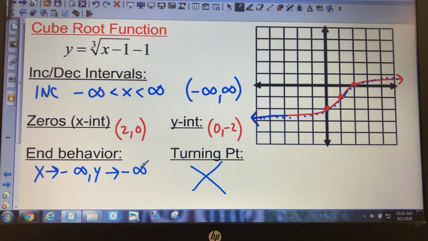As we go to the right, x approaches positive infinity, and y approaches positive infinity. So you always have a left-hand end behavior and a right-hand end behavior. And it's customary to put the left-hand end behavior first. So that's a typical cube root.